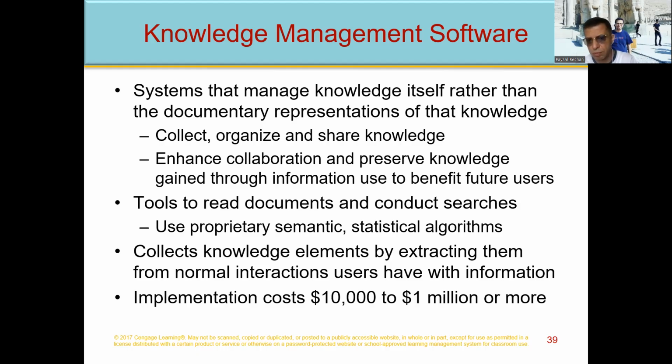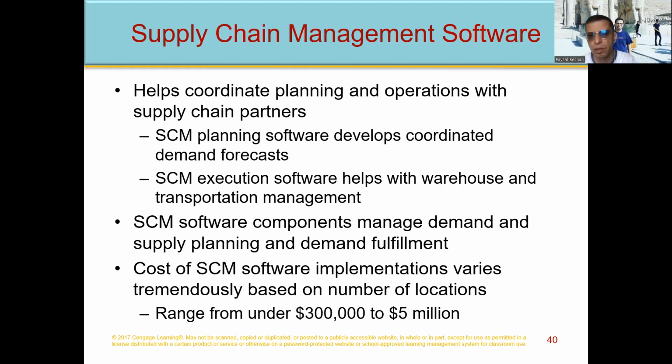Use proprietary semantic statistical algorithms. Knowledge management system collects knowledge elements by extracting them from normal interactions users have with the information. Roughly, implementation costs between $10,000 to $1 million or more, definitely more if you have a large to mid-sized company.